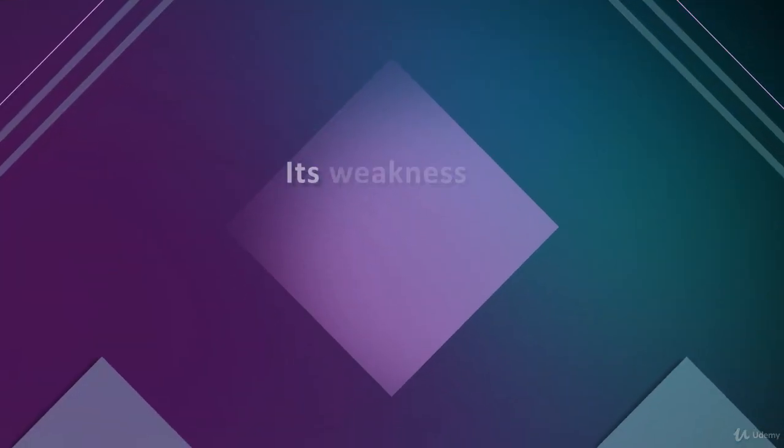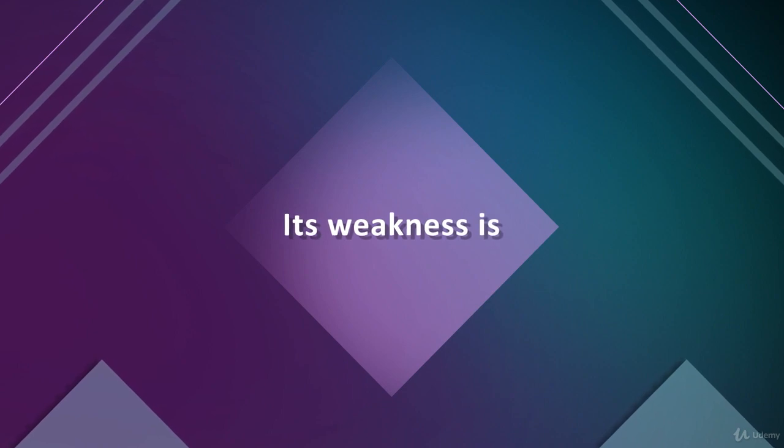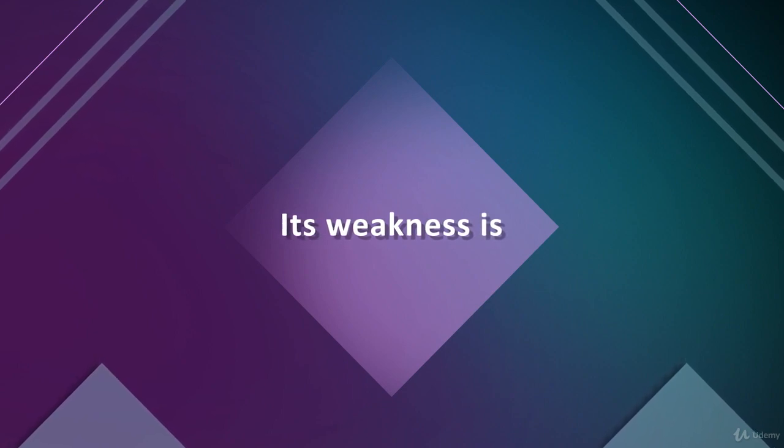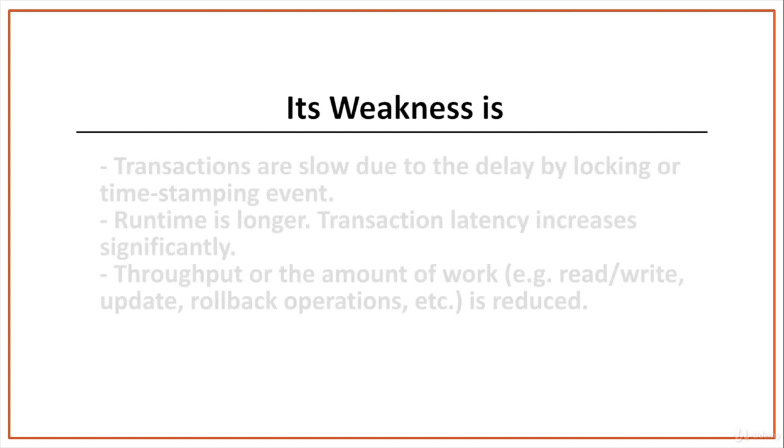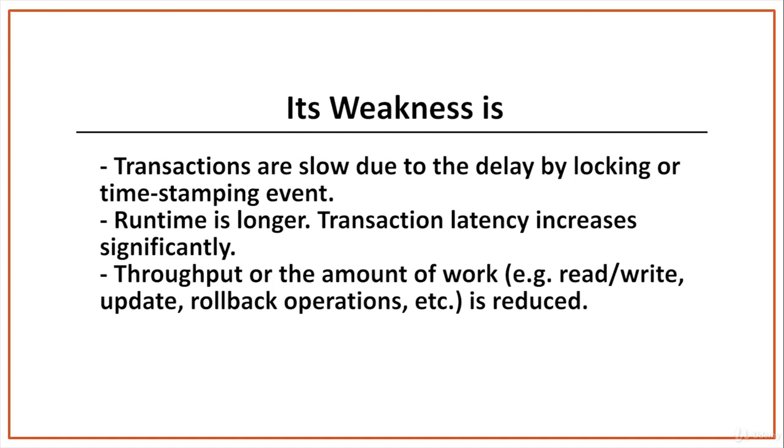Its weakness is transactions are slow due to the delay by locking or time-stamping events. Runtime is longer. Transaction latency increases significantly. Throughput, or the amount of work, for example read, write, update, rollback operations, etc., is reduced.